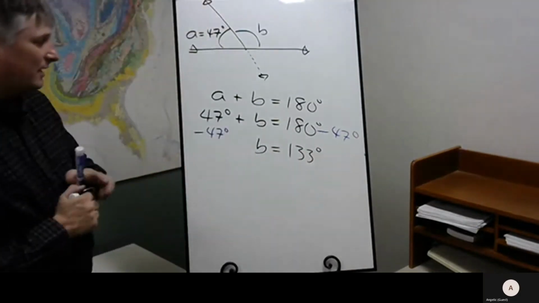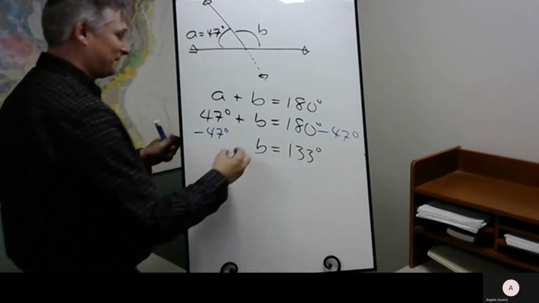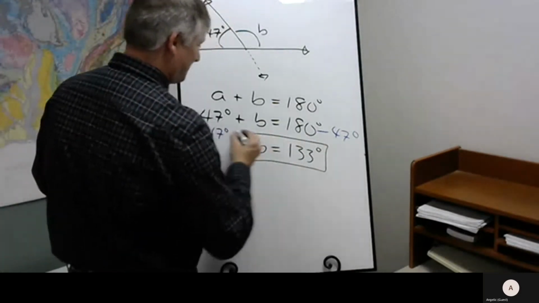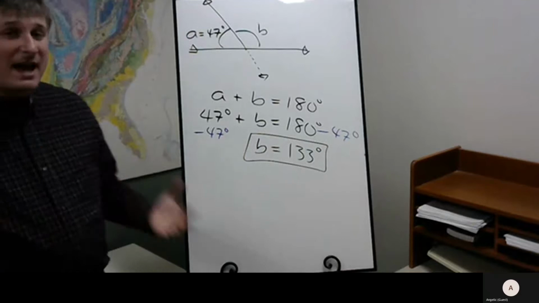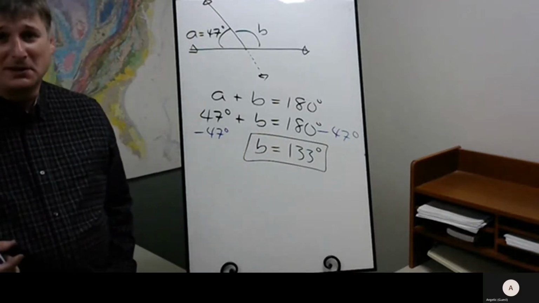We'll get B is 133 degrees. And that's going to be our answer. That's A and that's B.